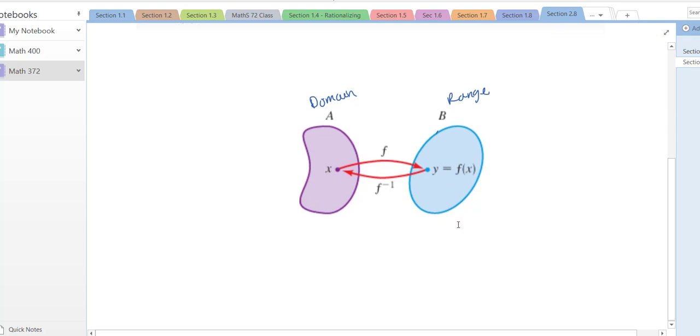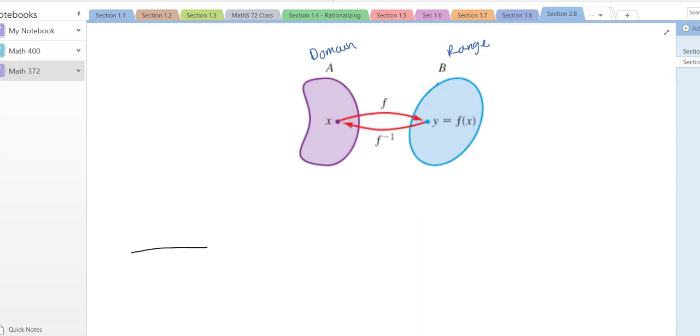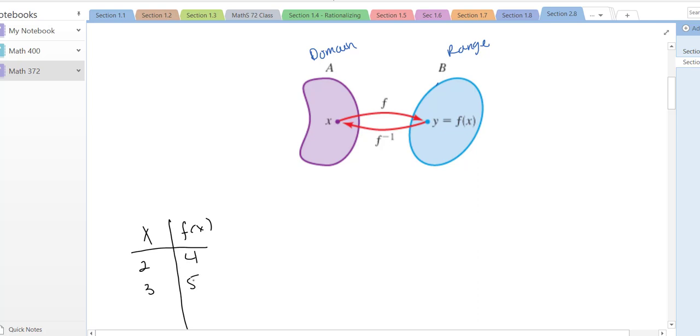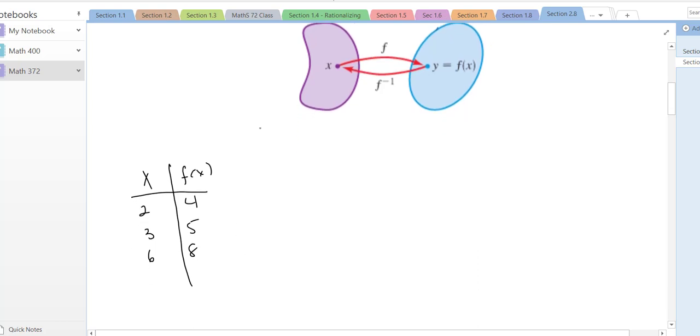For example, if I have a function f of x where I have my x's and f of x, say 2 goes to 4, 3 goes to 5, and 6 goes to 8. We can maybe guess what this function is doing.